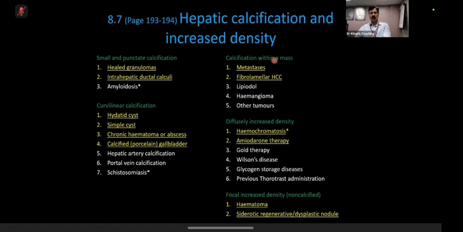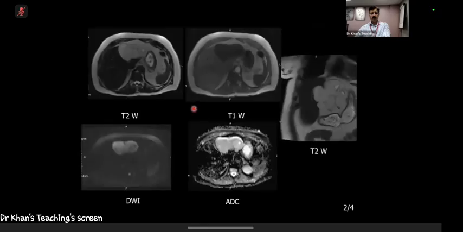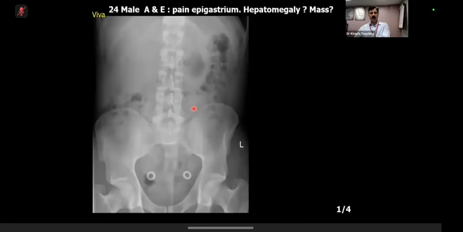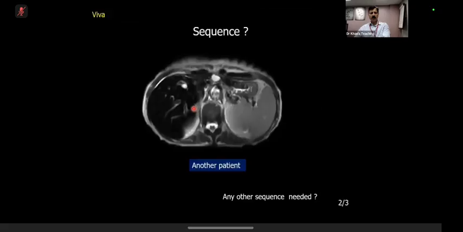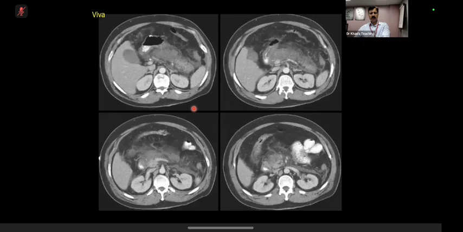And these are calcification within a mass like metastasis, fibrolamellar HCC, but there are other causes which are given here. So I am skipping the liver part for the next time, and we will come back next time. So we go to the pancreas actually.